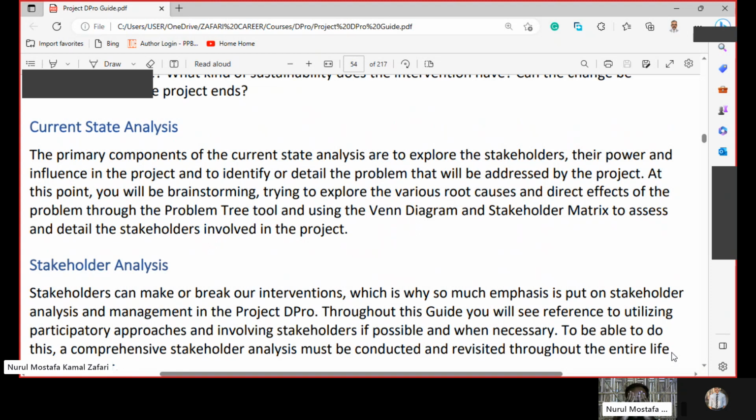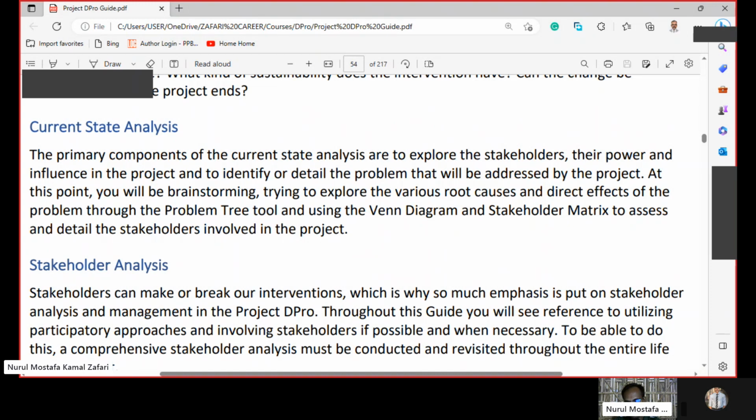Maybe it can be a problem statement, it can be a situation analysis, it can be a context analysis, but the main purpose of this analysis is to establish the rationale of the project by providing the data that is available and collected and analyzed, the method which is already presented by the DPro guide.